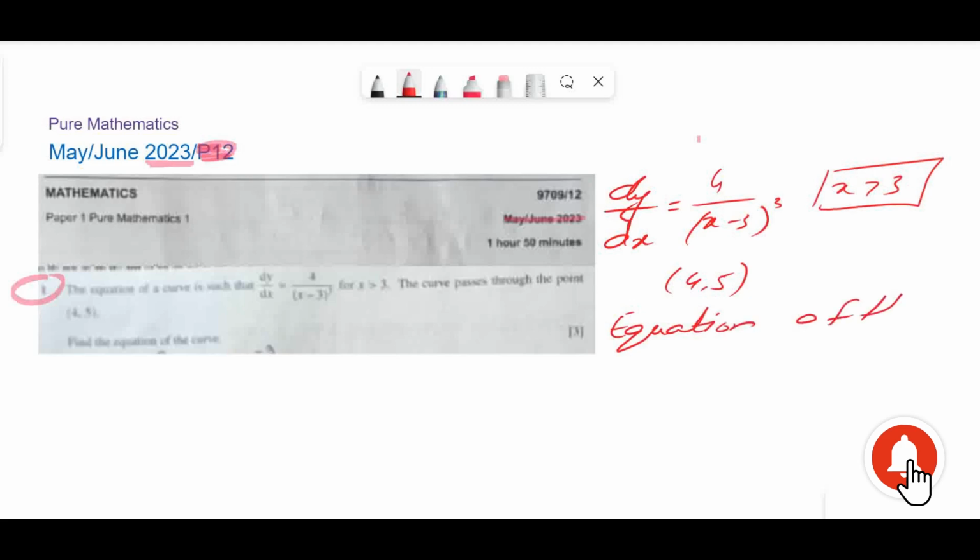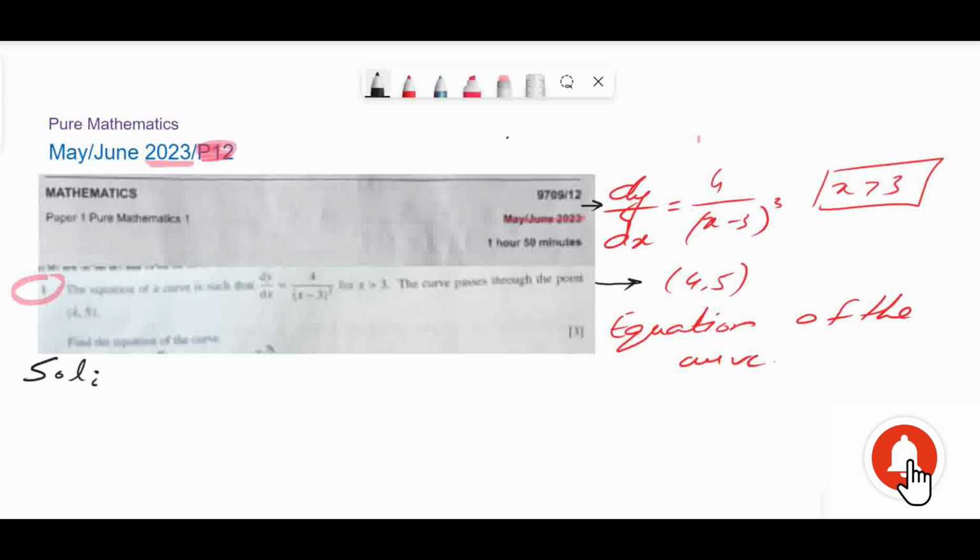Now these are the points we have to keep in mind. This is the first point, that dy by dx is given to us and the point is also given to us. We have to find the equation. How to find the equation?